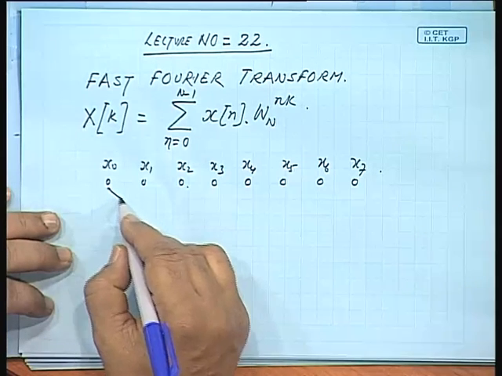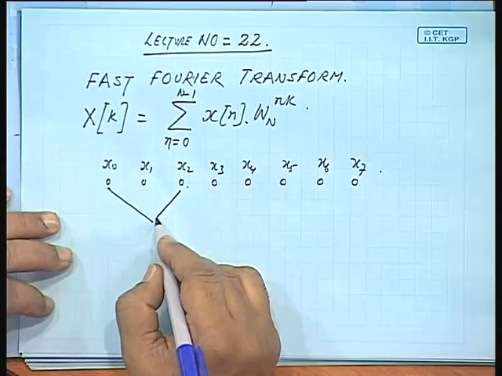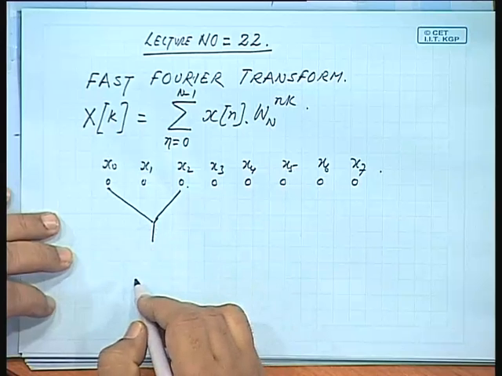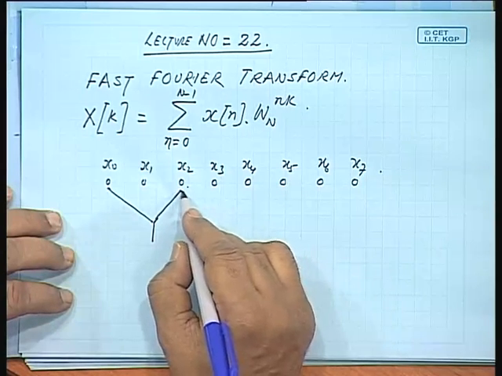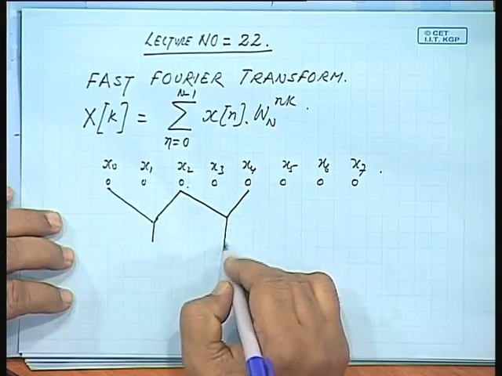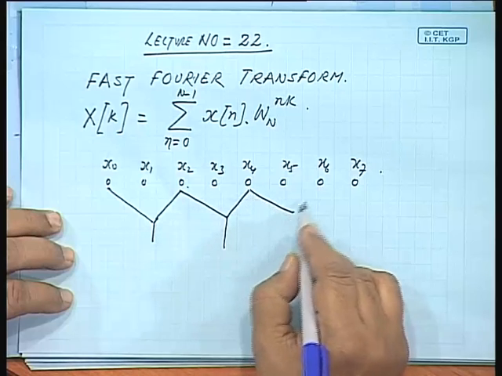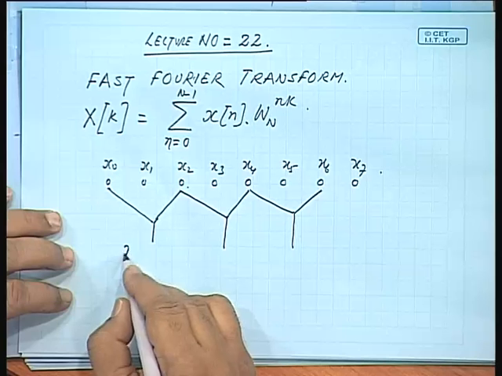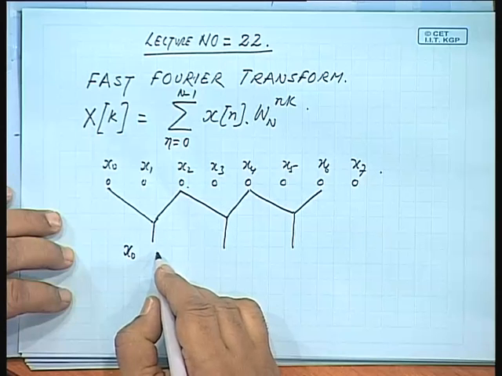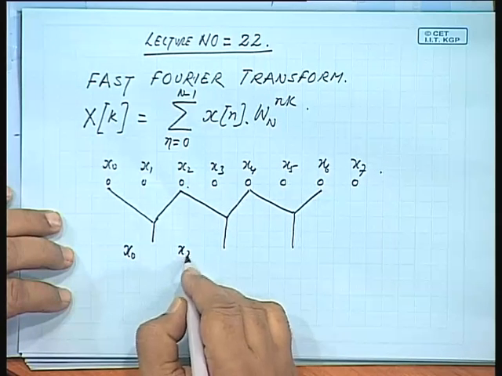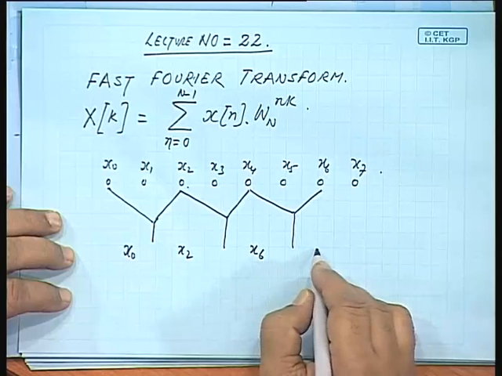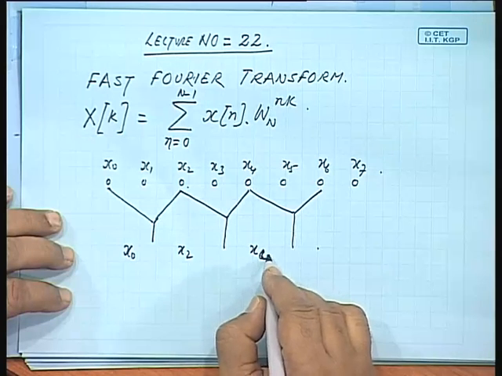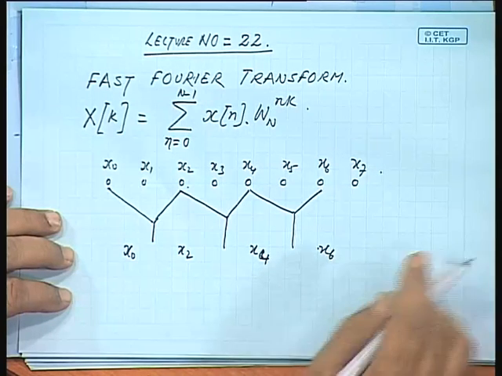If I bring these, the order will be x0, x2, x4 and x6.